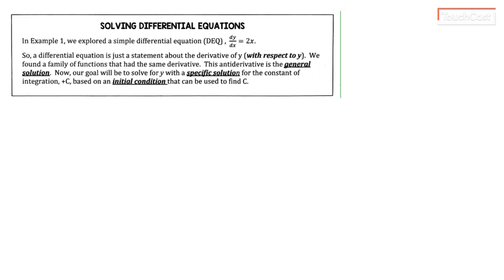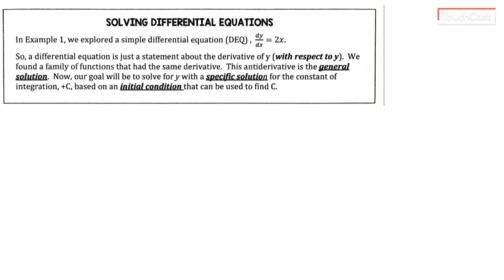In our last set of examples, we're going to be looking at solving differential equations. Now, all we're going to do is figure out how to find the exact c value if we know a point.